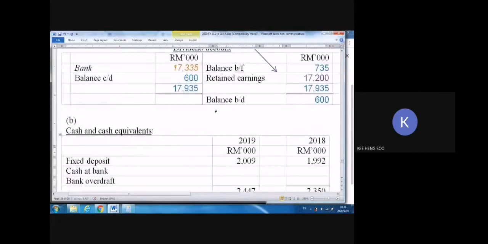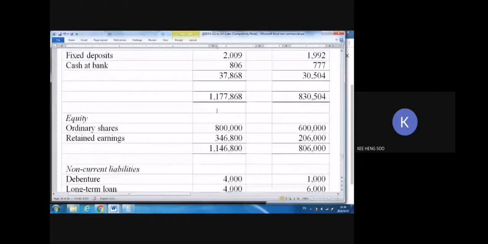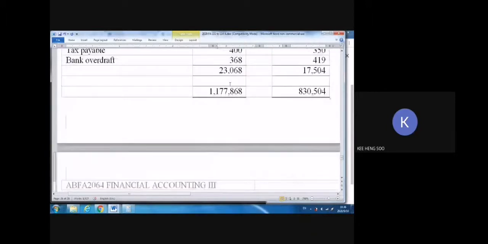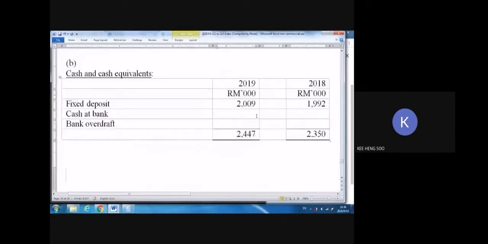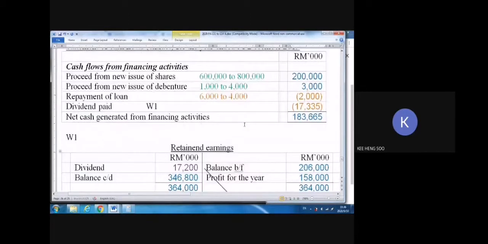Then cash and bank 806,777. Do you have bank overdraft? 368.